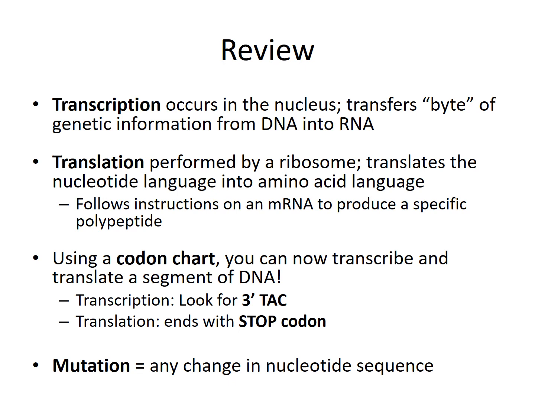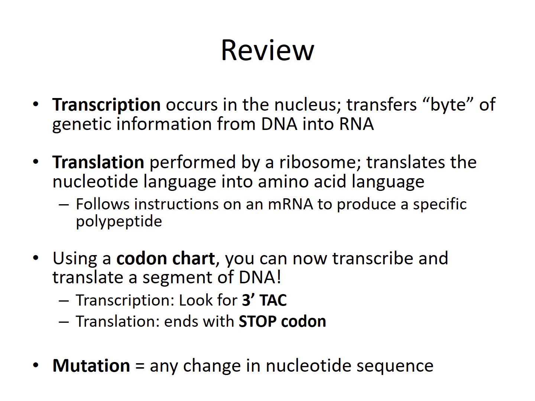You learned how to use a codon chart, so you can now transcribe and translate a segment of DNA in a problem set. For transcription, you know to look for every 3' TAC, and that's the start point of transcription. You know that every sequence of DNA could have multiple 3' TACs, and if you saw that on an exam, you would transcribe every one of them.